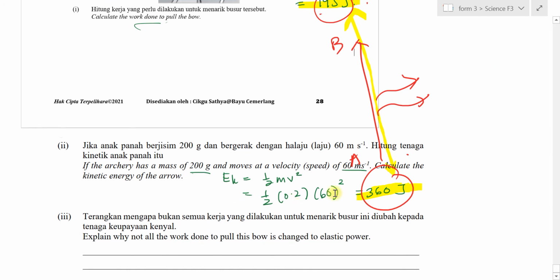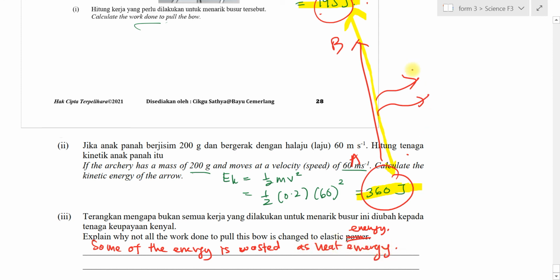Okay, that is what they ask next. Explain why not all the work done to pull this bow changes to elastic energy. Why? Because some of the energy is wasted as heat energy.